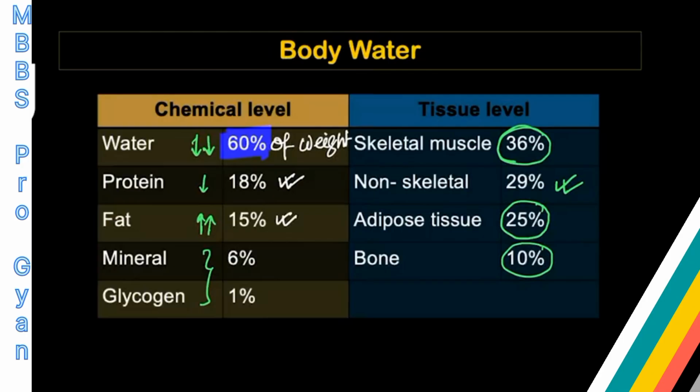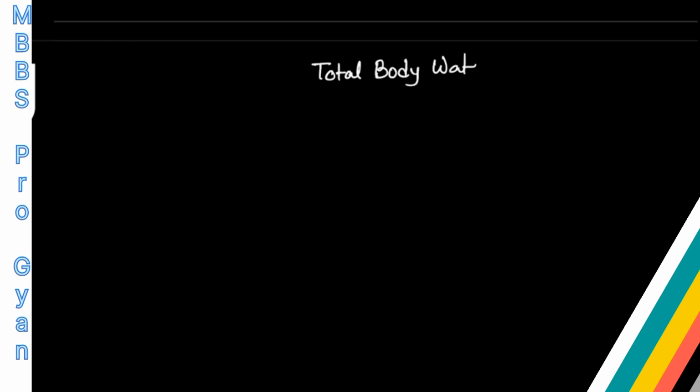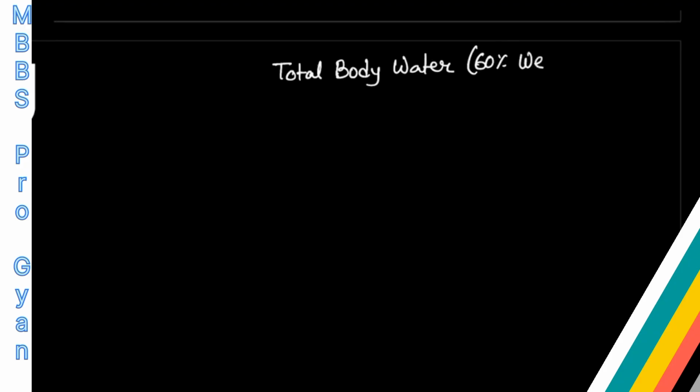Right. Now we are going to concentrate mainly on the water part of the body, and how this water is distributed in different compartments. We all know this from our PMT level also. The total body water, which is 60% of the total body weight, is distributed in two compartments.